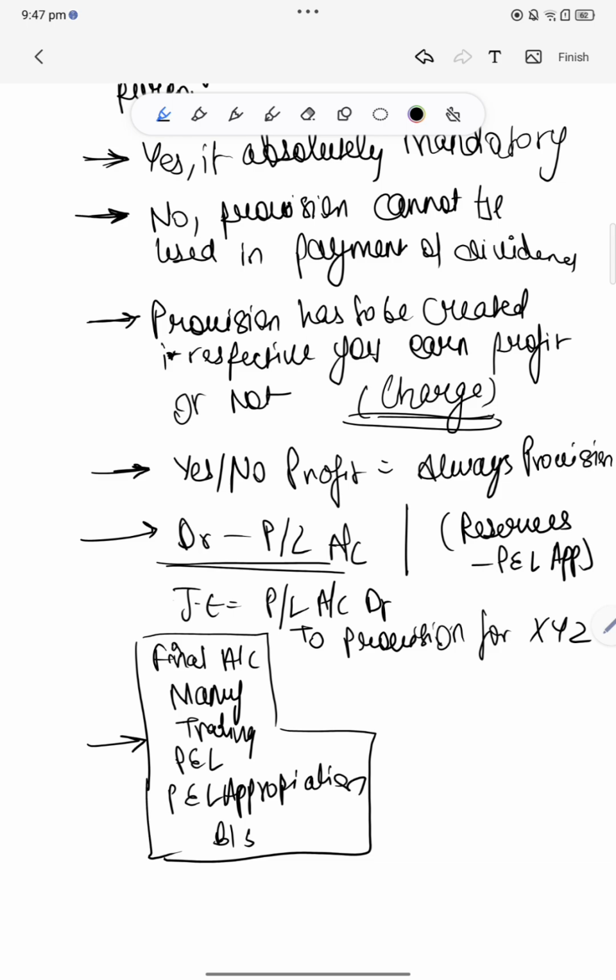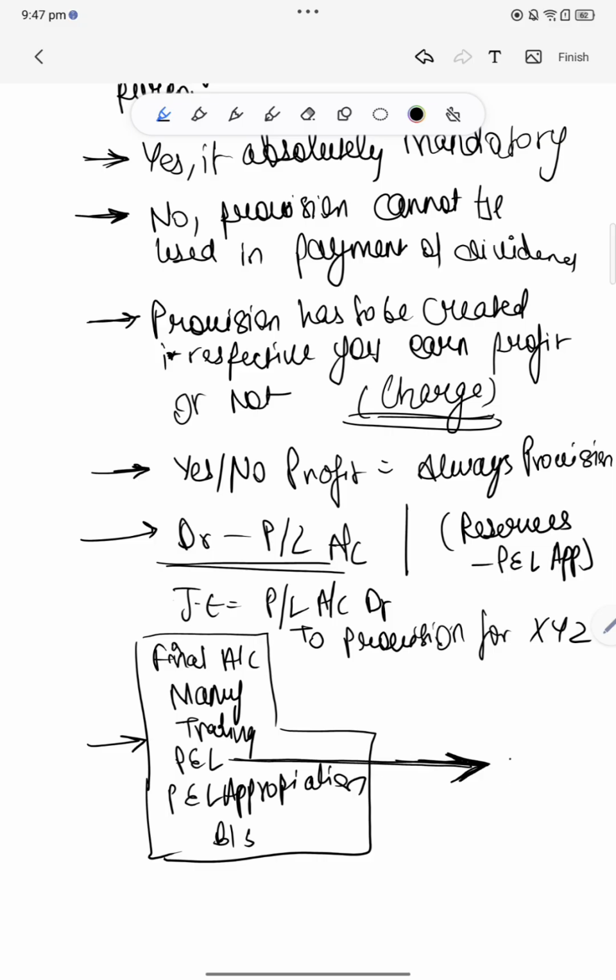So since provision does not depend on the existence of profit, we'll be creating it at this stage, because P&L appropriation is created after we get a profit. So these provisions are not dependent on the occurrence of profit, so it will be debited to P&L account.